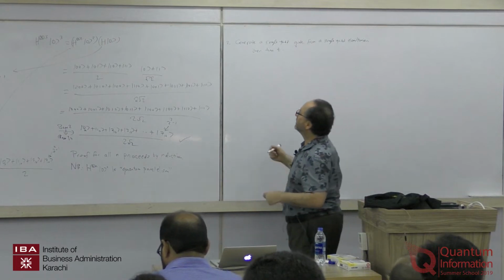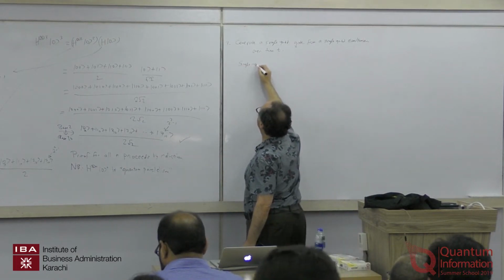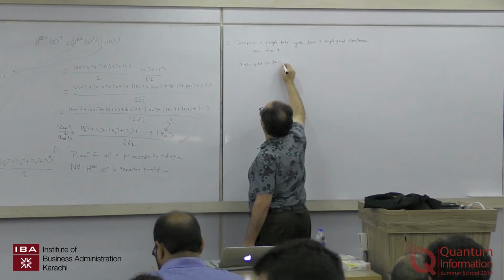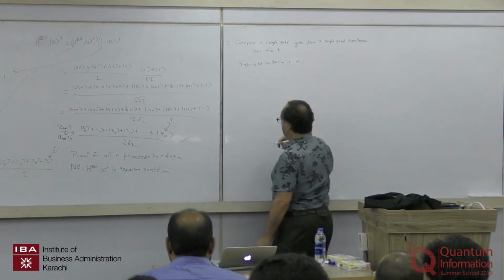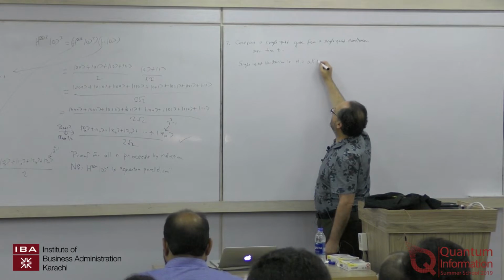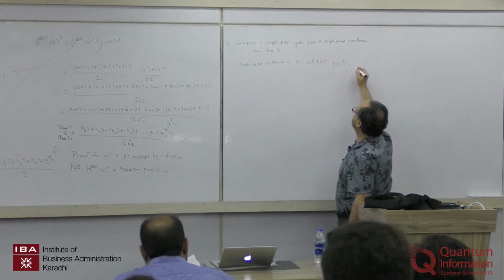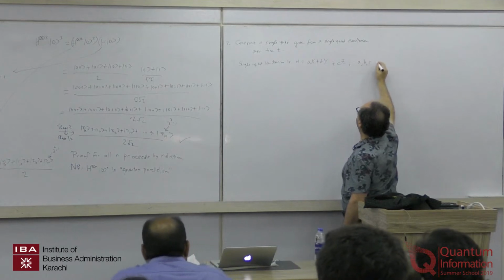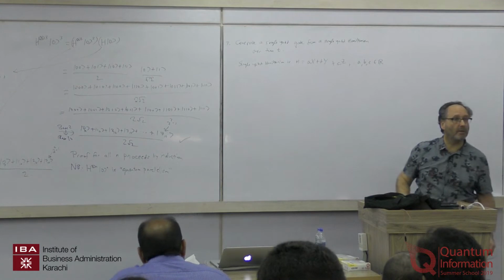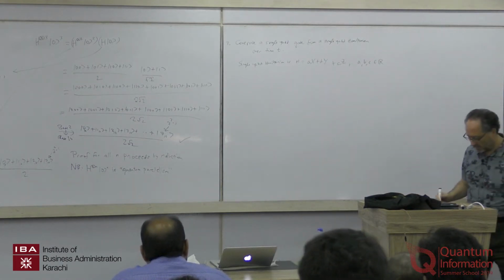So we'll write down what the Hamiltonian is for a single qubit. Single qubit Hamiltonian. H equals, and then I'll just write that it's AX plus BY plus CZ, where A, B, C are all real numbers. And let's make sure that we understand how to write that in the matrix.